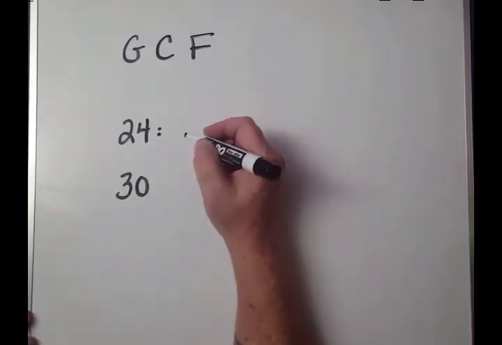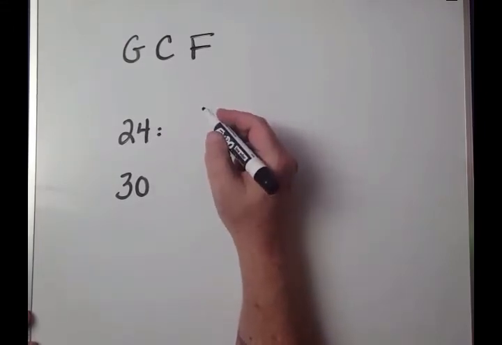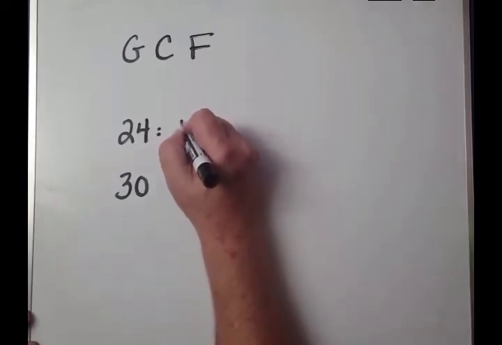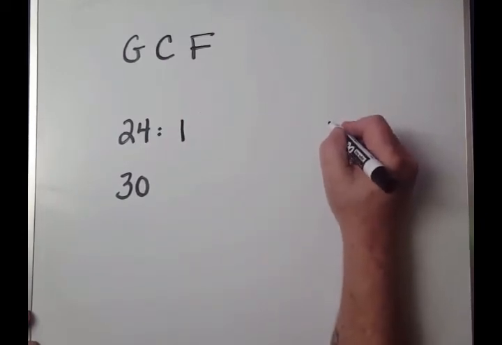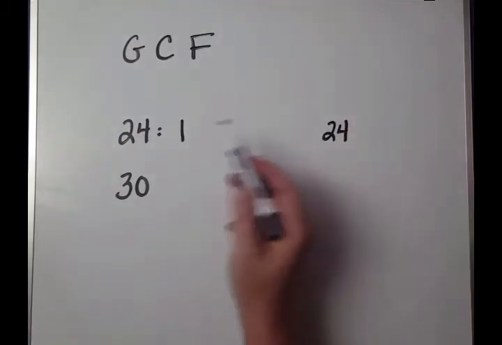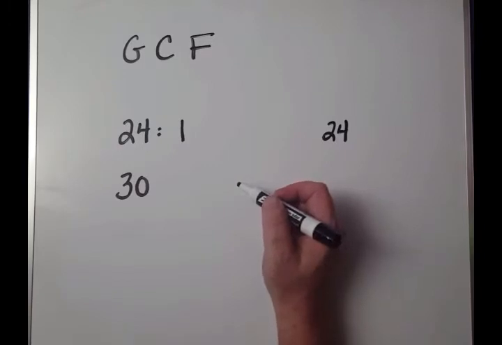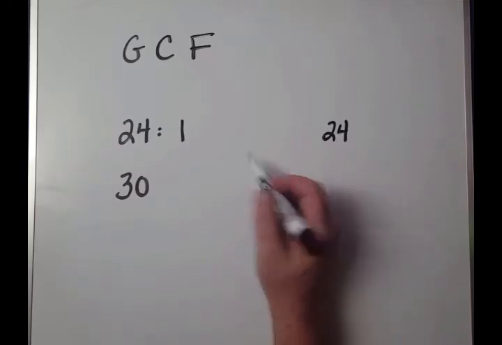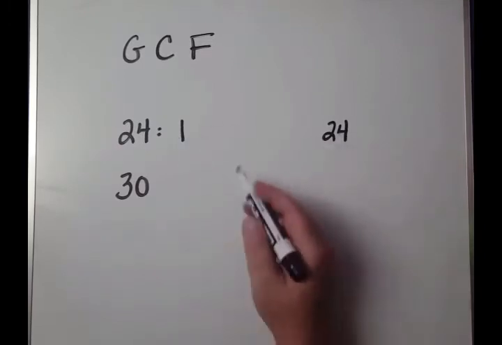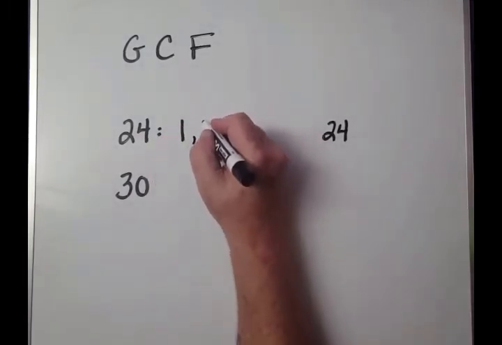Well, it's that time. And so the factors of 24, I like to list these out as factor pairs. We know that 1 will go into 24 and 24 will go into 24, and that's always the case. 1 will divide any number, and the number itself will divide that number. 1 times 24 is 24, so that's a factor pair. Will 2 go into 24?